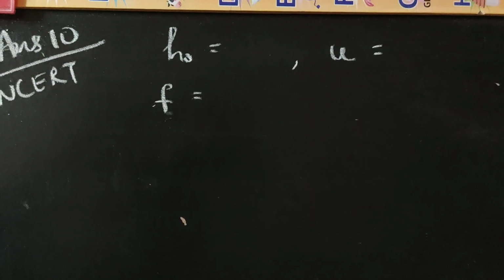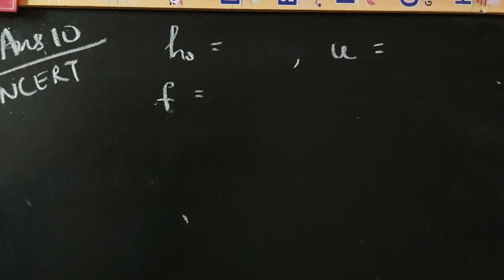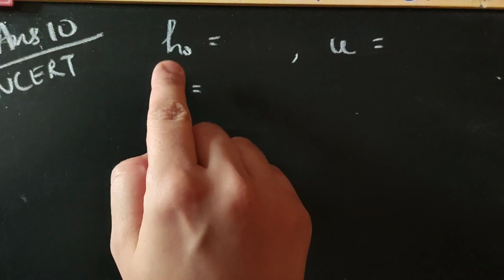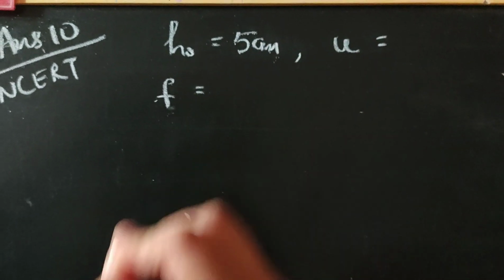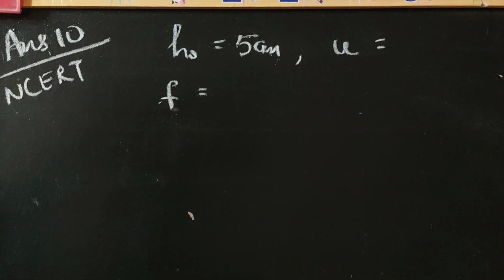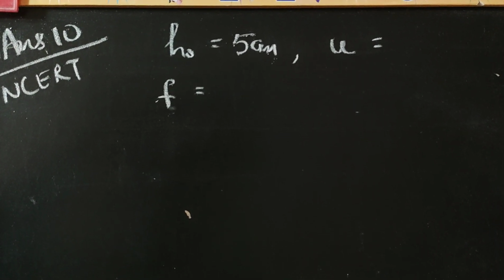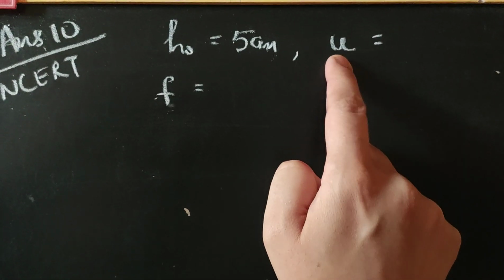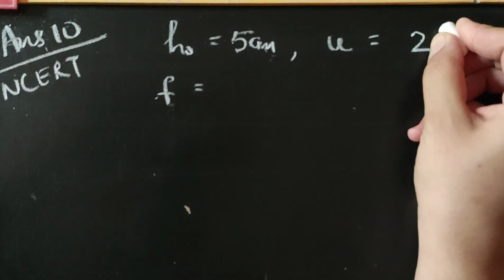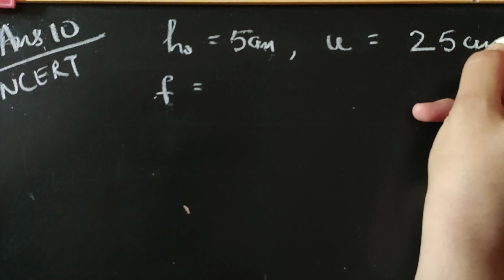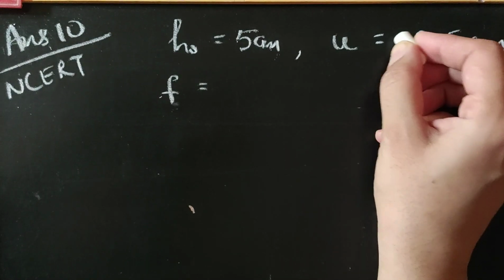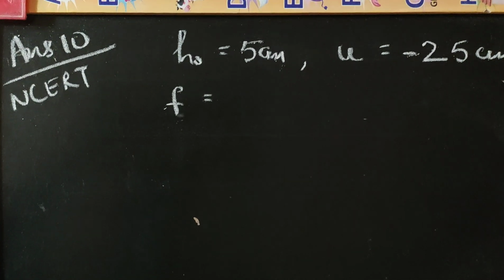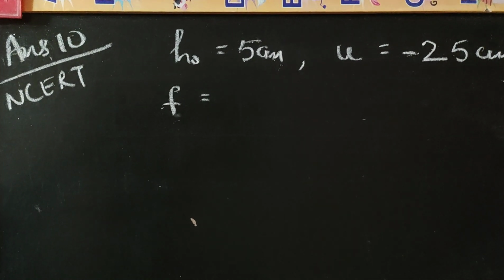So according to the question, the object 5 cm in length, so that means HO we will take as 5 cm, is held 25 cm away. So this means that we have been given the object distance 25 cm, and we know U we take always negative. So according to the sign conventions, I write U as negative 25 centimeters.